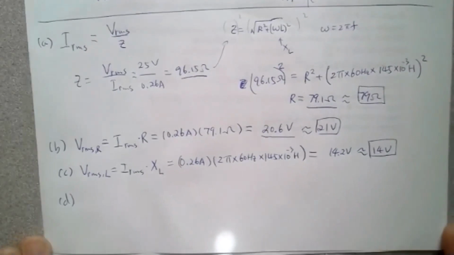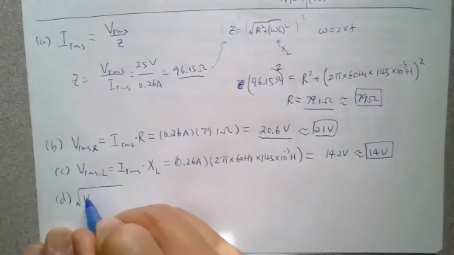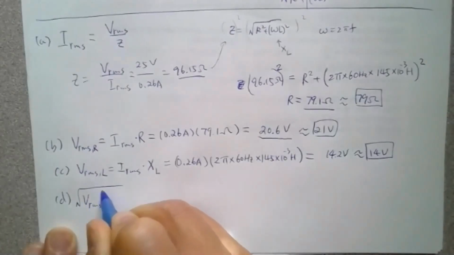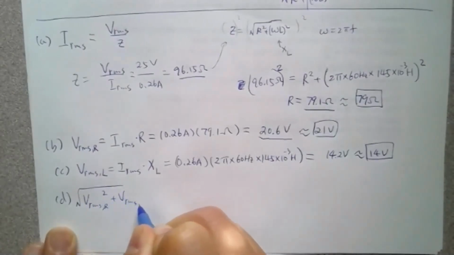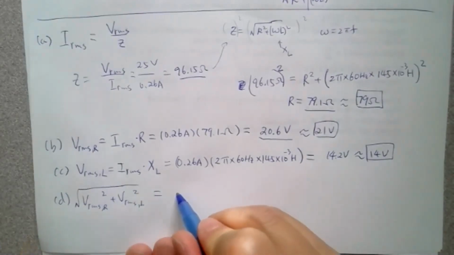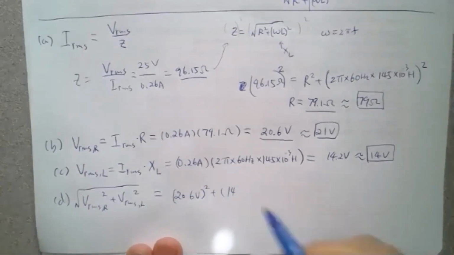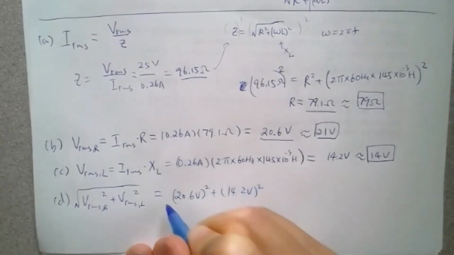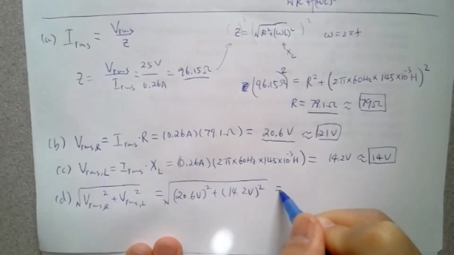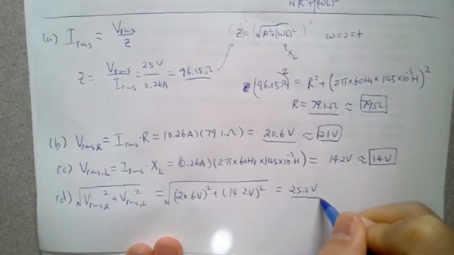Now part D is asking you to show that the square root of V RMS on R squared plus V RMS on the inductance squared is equal to 25. So you'll be doing 20.6 squared plus 14.2 squared and then the square root. And it's exactly 25.0 volts.